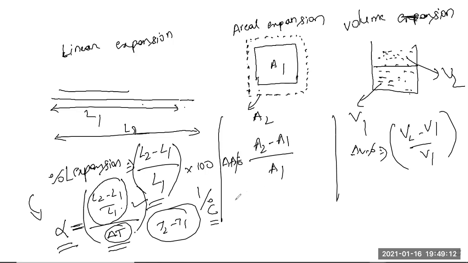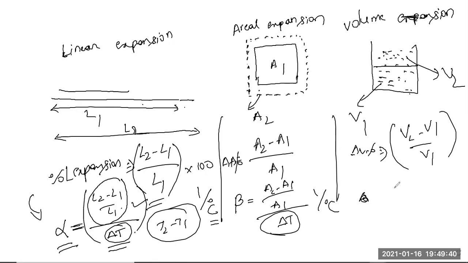Similarly, beta is coefficient of areal expansion, which is a constant for a particular material. That is A2 minus A1 divided by A1, the fractional increase in area with unit increase in temperature. Again, these units are 1 by degree Celsius.